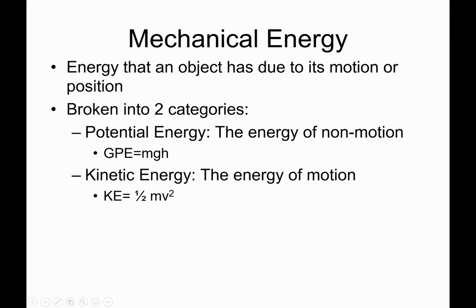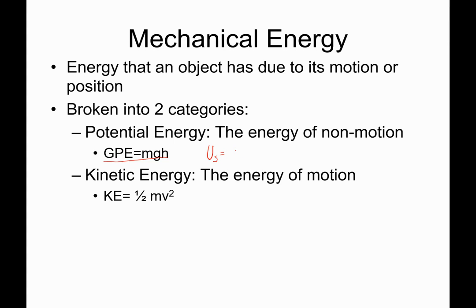We have our potential energy, and that's the energy of non-motion, something that's stored, the potential to do work, or the potential to have energy. So we have gravitational potential energy, and we're also going to talk about another type of potential energy, which is spring potential energy.